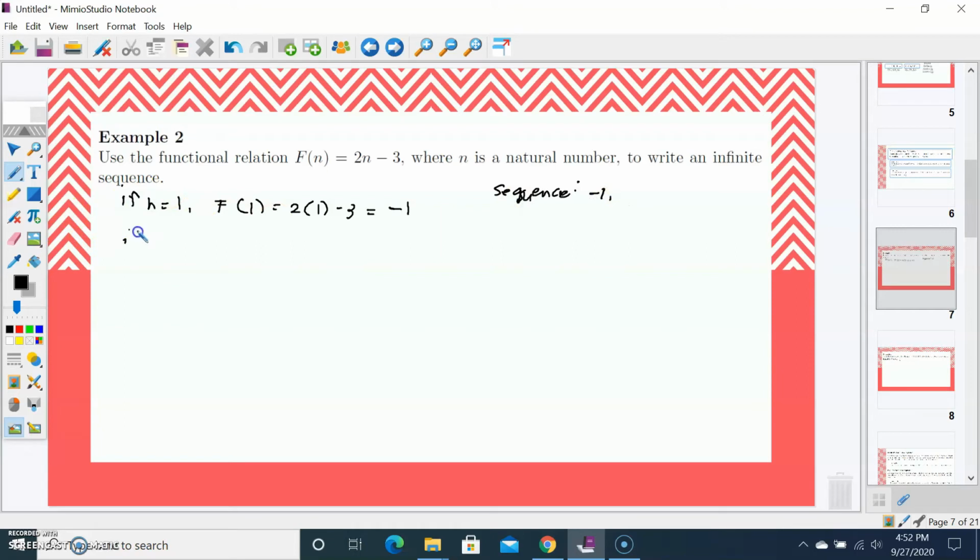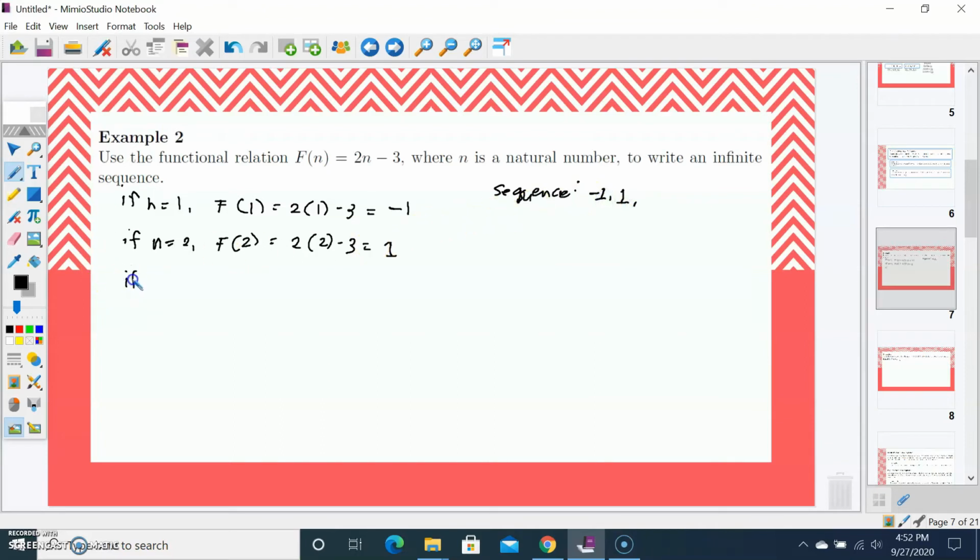Okay? If we let n be equal to 2, f of 2 is equal to 2 times 2 minus 3, which is equal to 2 times 2 is 4 minus 3, which will give us positive 1. So our second term in this sequence is 1.